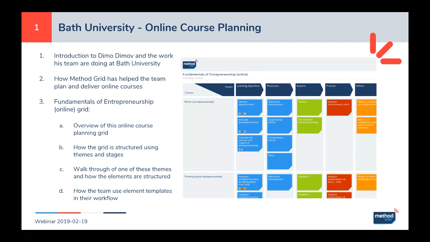We're traditionally a campus-based university, and we traditionally teach on campus. And the opportunity has arisen to begin delivering programs online. This is the context in which we're going to be talking about Method Grid. We're launching our first online master's degree in entrepreneurship, innovation, and management at the end of April.